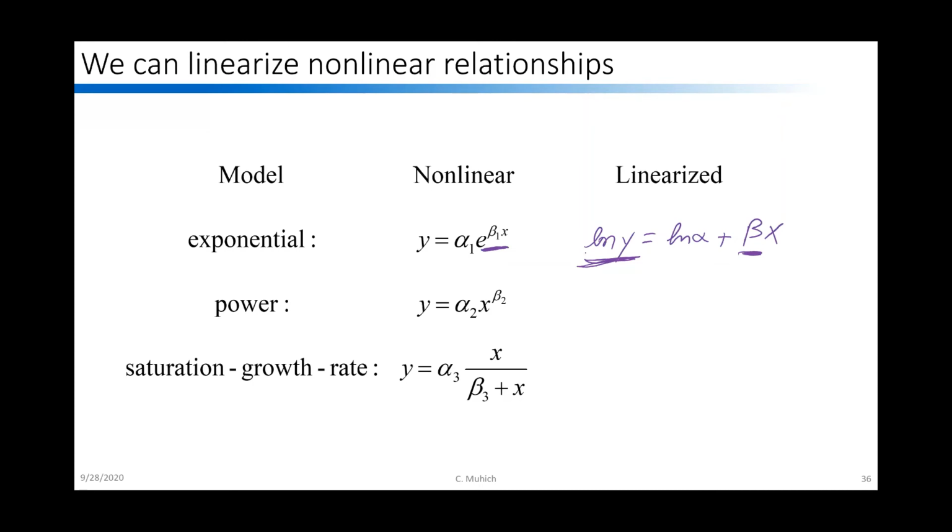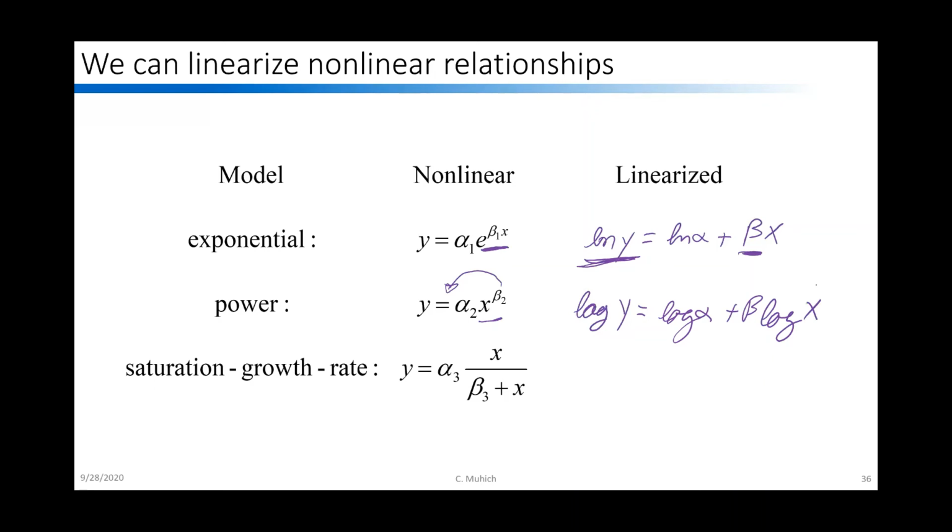I can do the same thing in a power equation. So if I have x to a beta power, I can pull that beta down by using the logarithm. If I take the log of y, which is the log of alpha x to the beta, remembering our power rule for the logs, I have the log of alpha plus beta log x.